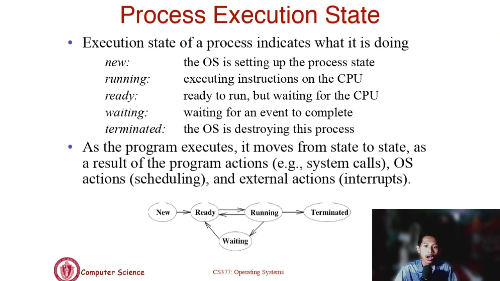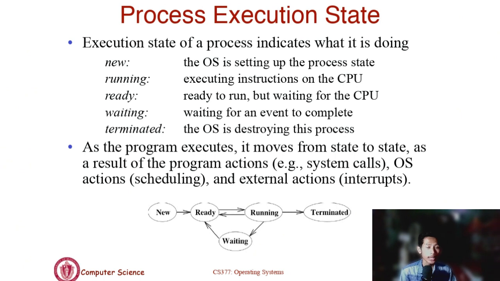Next, in the ready state, processes are prepared to execute, but they are waiting for their turn to run on the CPU. This often occurs when multiple processes are competing for CPU time.